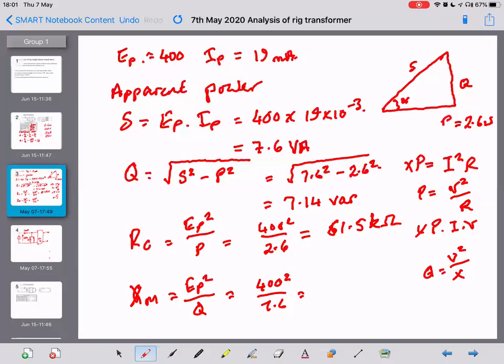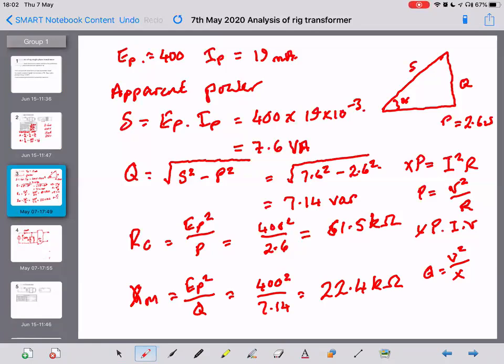Oh, I was looking at the wrong one. Yes, so that's the Q, 7.14. I've got 22.4 times 10 to the 3. Yeah, 22.4. The ohms as well.